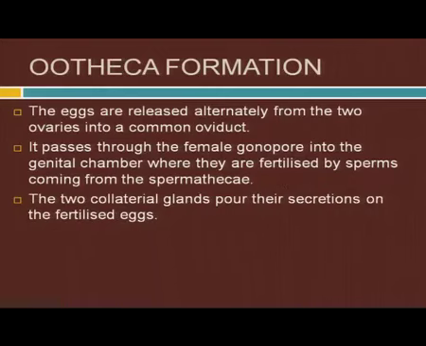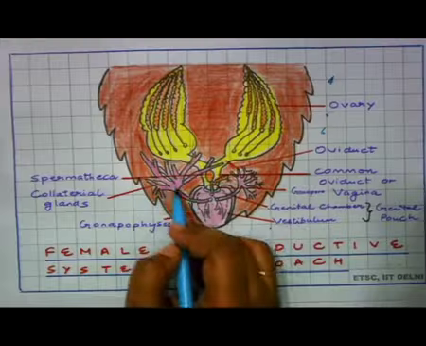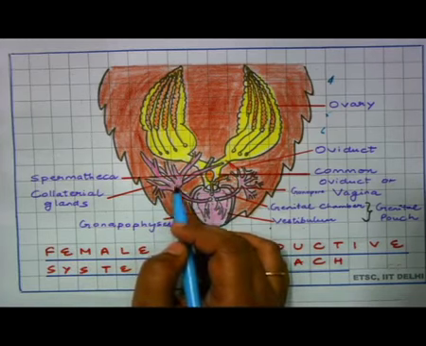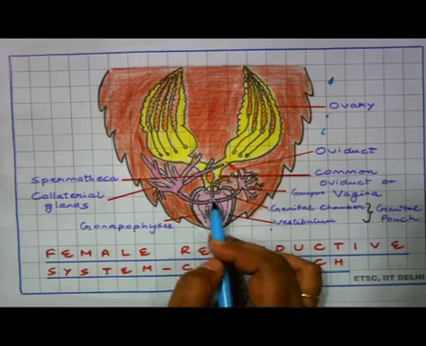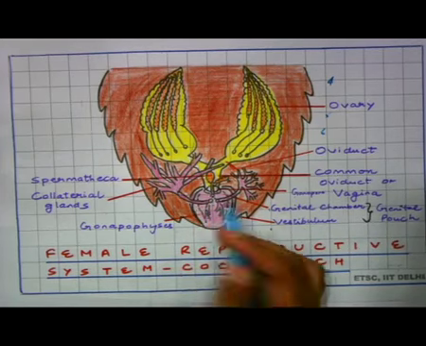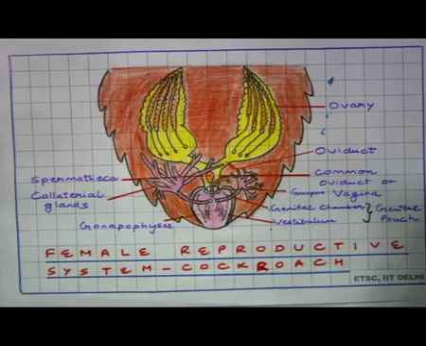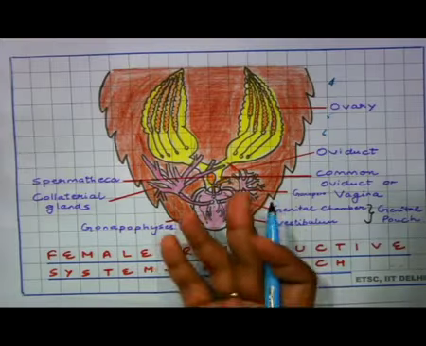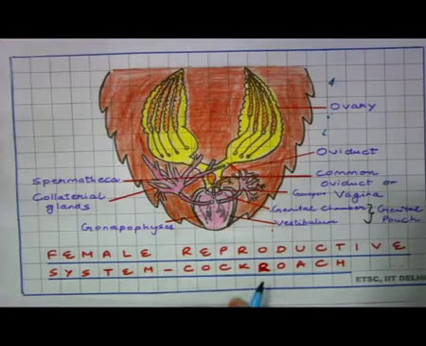The two collateral glands pour their secretions on the fertilized eggs. So, the secretion is coming out of the collateral glands, and it adds upon the fertilized eggs. Because of these secretions, they combine to form a scleroprotein and harden to form a dark brown ootheca.